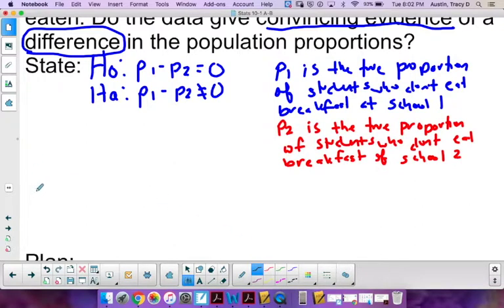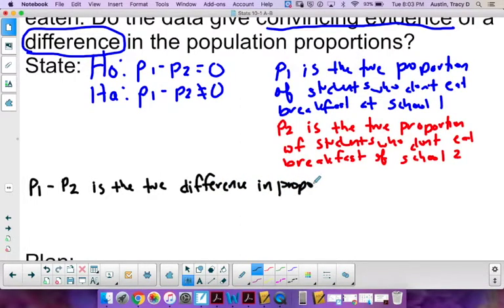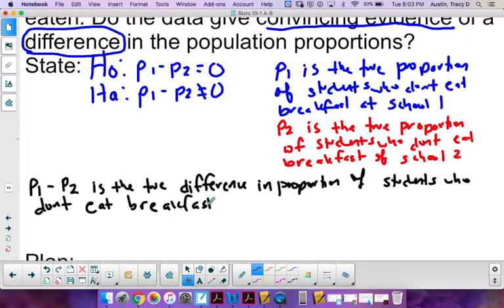So you could say that P1 minus P2 is the true difference in proportion of students who don't eat breakfast at school 1 minus school 2. And again, the choice is yours.